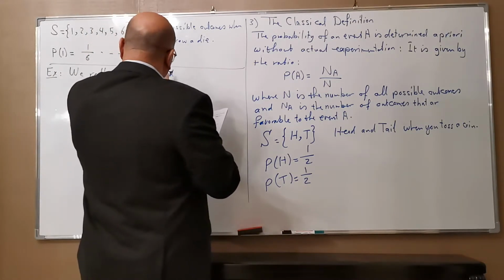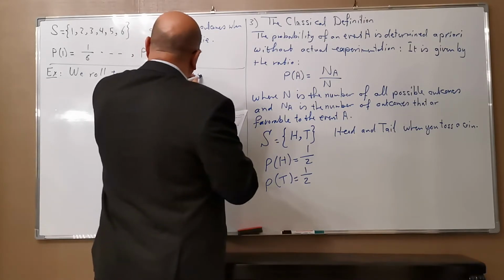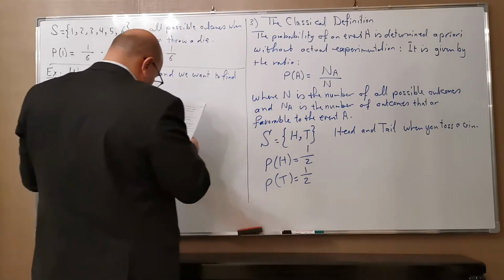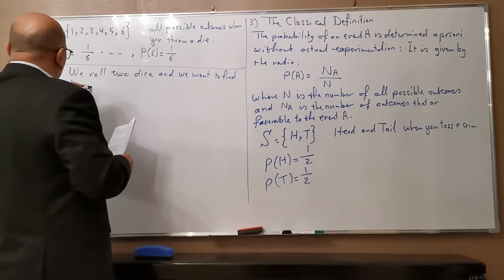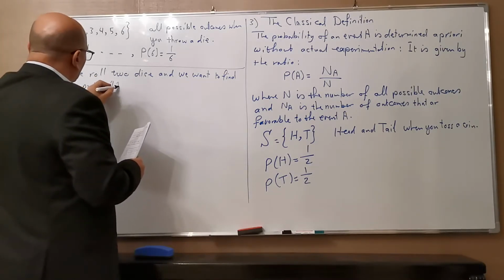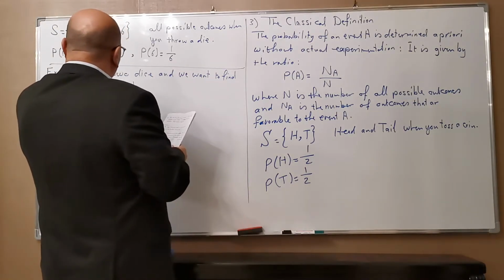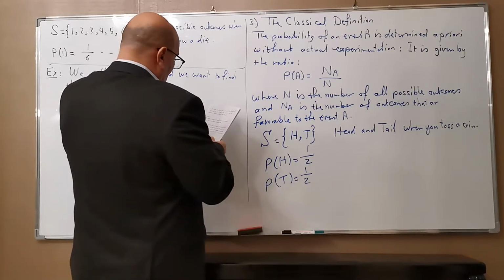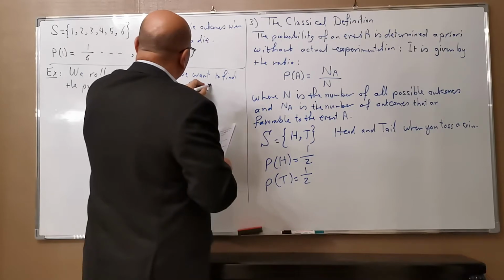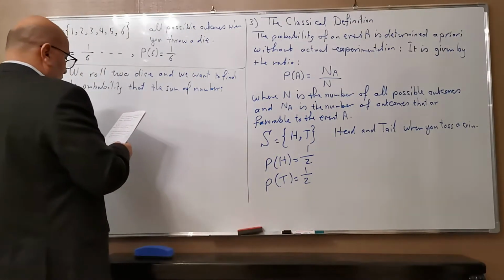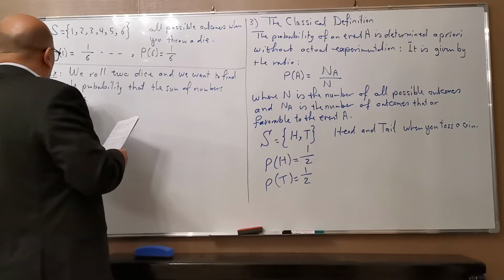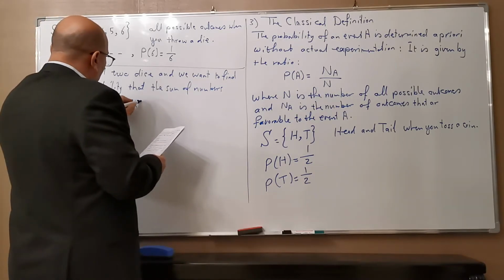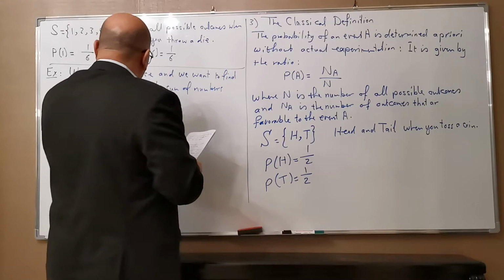And we want to find the probability that the sum of numbers that show on top equals 7.